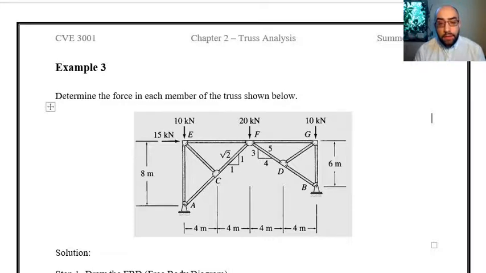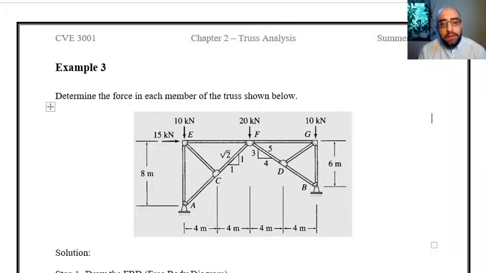The second important thing is that loads are only applied at the joints. So whenever we are applying or considering loads in truss structures, these loads are always applied at the location of the joints, and we don't have a load in the middle of a member.